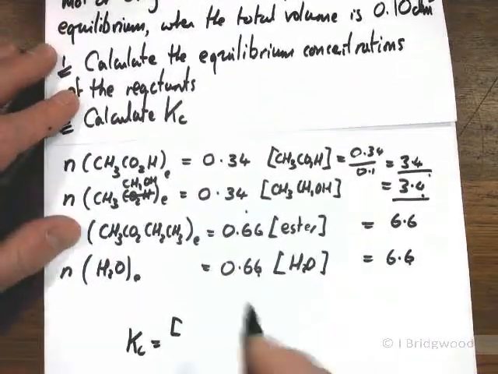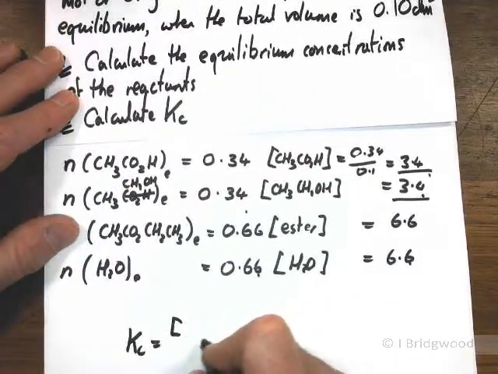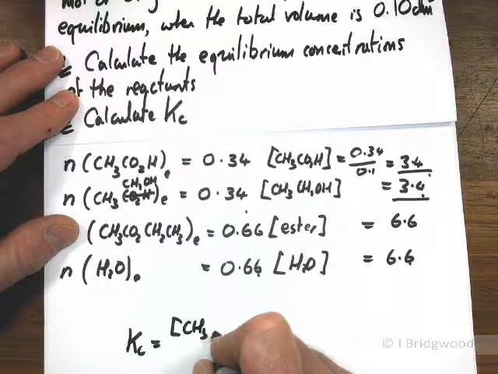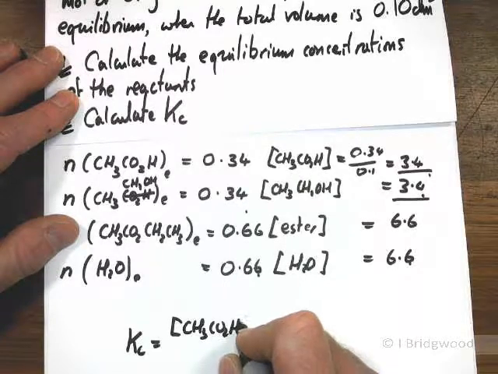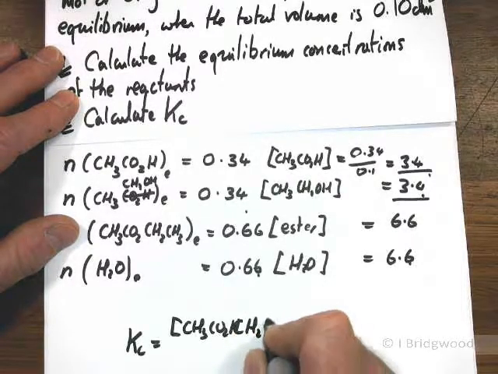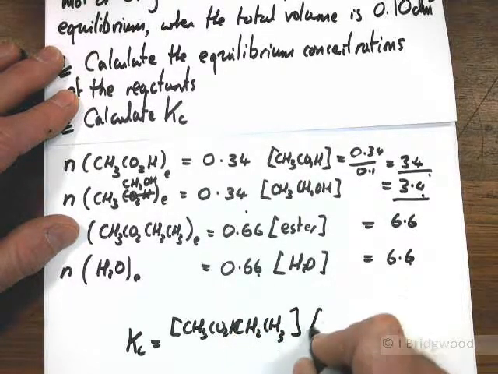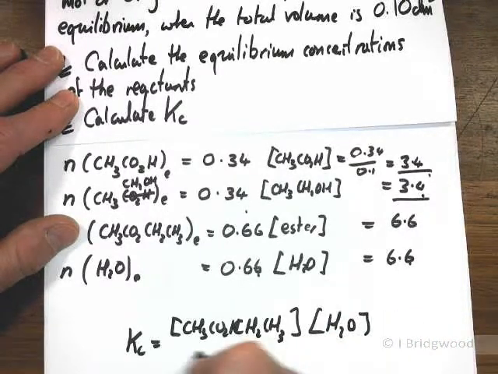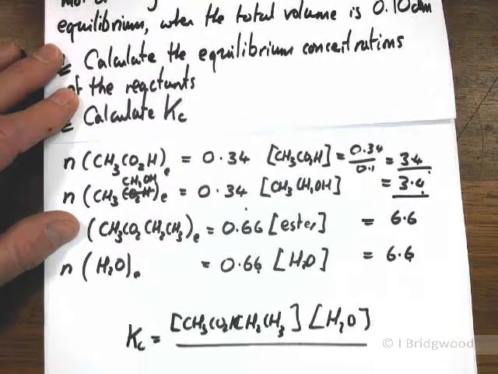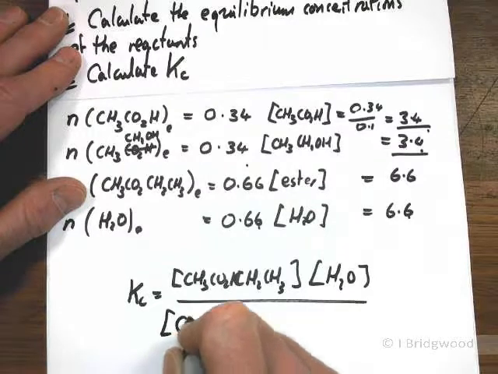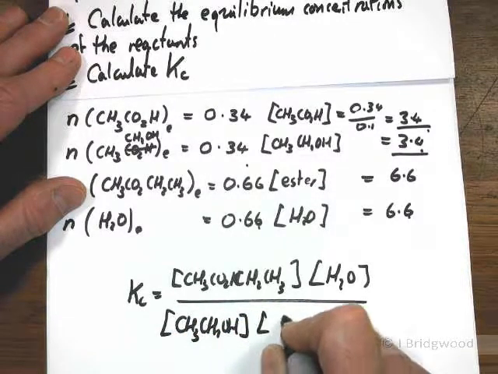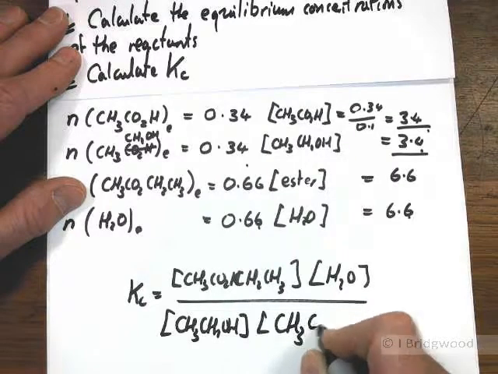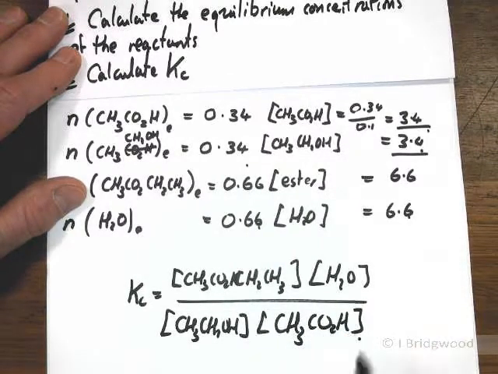So we've got CH3CO2CH2CH3, the ester, concentration of water over the concentration of ethanol, CH3CH2OH, concentration of ethanoic acid, CH3CO2H, like that.